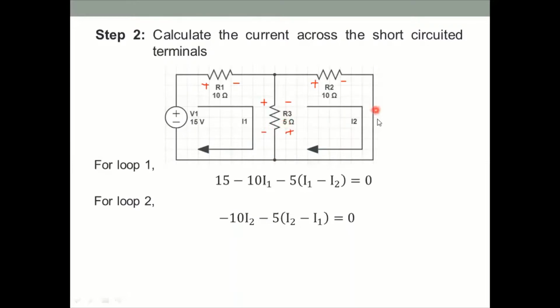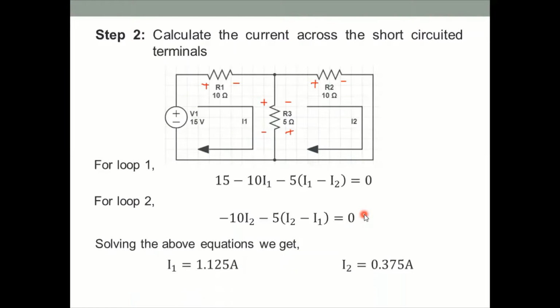So 5 into (I2 minus I1), which is equal to 0. So this is going to be your second equation. If you solve these two equations, we are going to get the I1 as well as I2 value. So I1 value is 1.125 amperes and I2 value is 0.375 amperes.